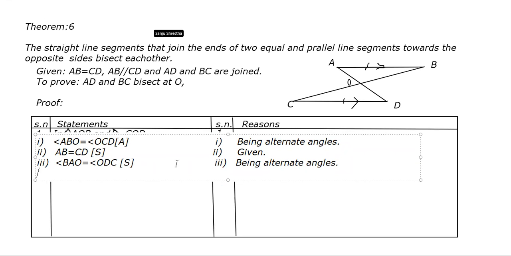Now, after proving that, let's write they are congruent. Triangle AOB is congruent to triangle COD. Reason is by which axiom? ASS axiom. Sorry, this is ASA axiom. ASS axiom is not there.